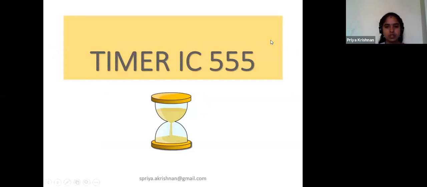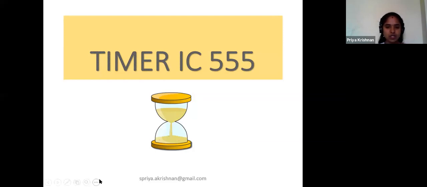So, timer IC, timer IC 555. We all have the idea of a timer. Many of us in this group might have played with a timer, for solving a simple maths problem or solving jumbled letters.